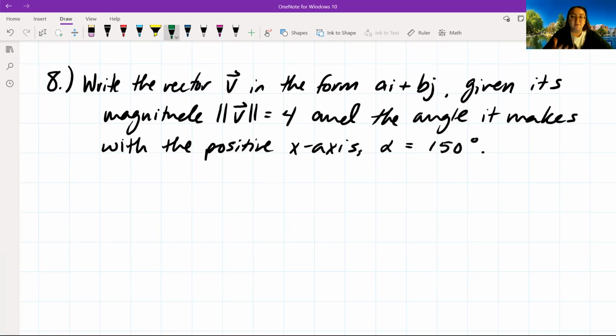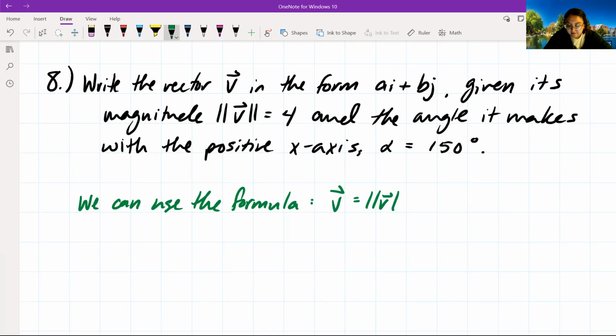So in section 9.4, we are actually given an equation that would allow us to solve for our vector v given these items. So we can use the formula: your vector v is equal to the magnitude of v times cosine of alpha i plus sine of alpha j.